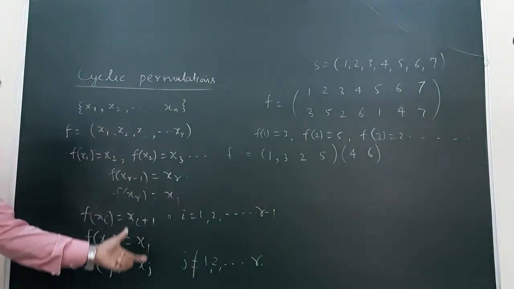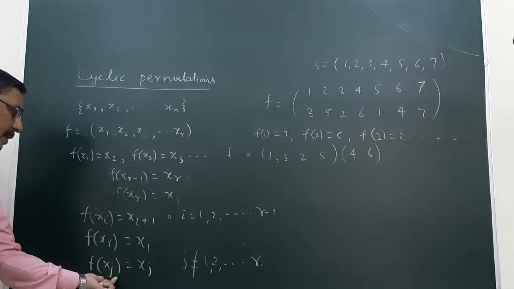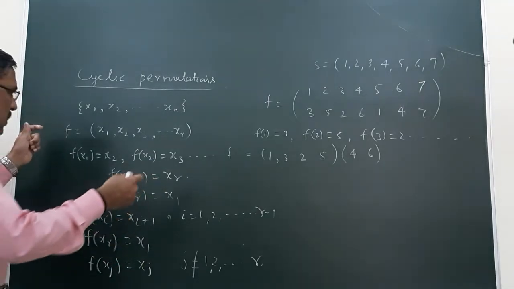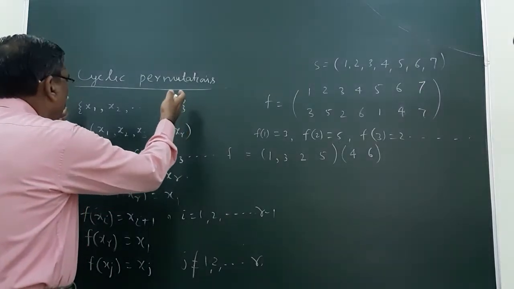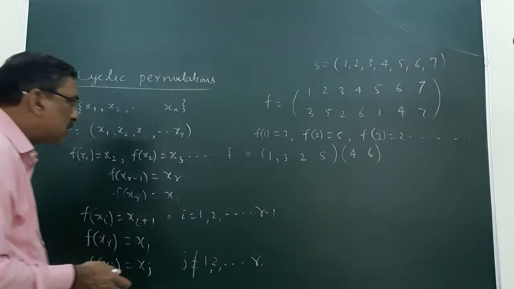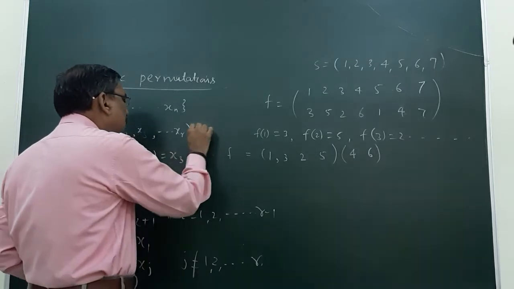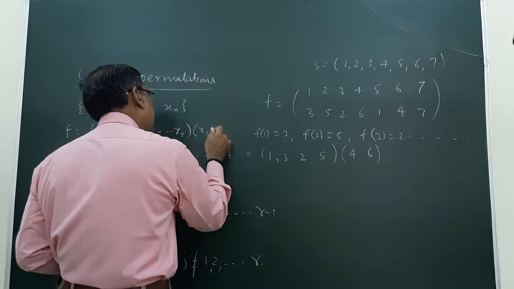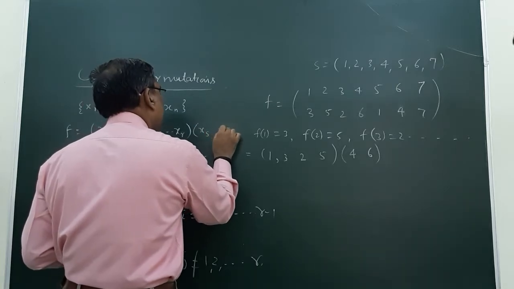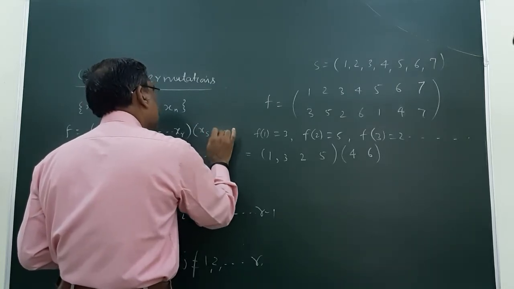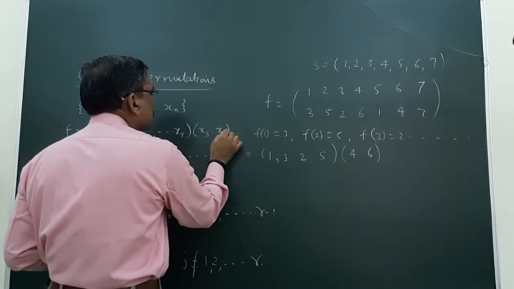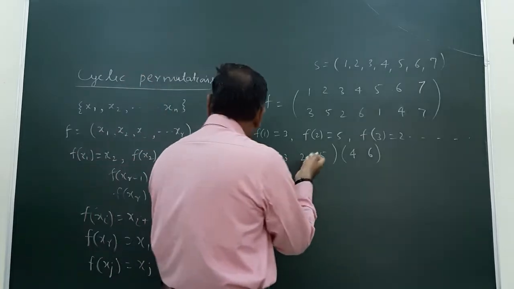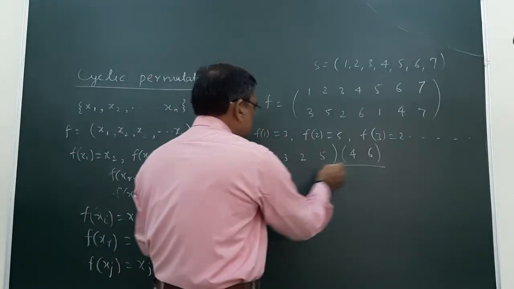Other than these r elements, the image of any element is itself under the map f. So this is the cyclic representation of a permutation, or it may contain two elements or three elements, or different cycles of different lengths, like this.